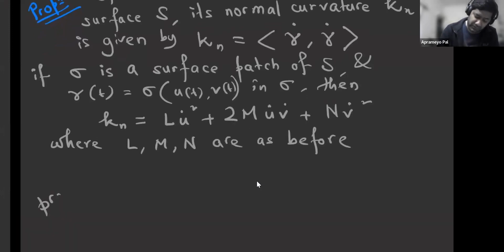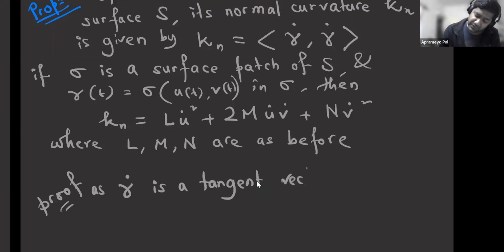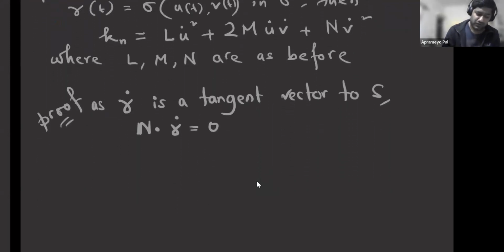So proof, it's actually not that difficult. If you remember our construction, as we have drawn the pictures, as gamma dot is a tangent vector to S, we have n dot gamma dot equals 0.